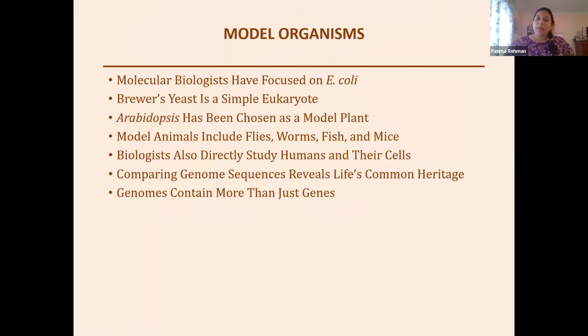So the last thing we're going to be talking about is model organisms. As molecular and cellular biologists, we can't look at humans all the time for research purposes, because it is very hard to get humans to do what you want to do in a controlled manner. One, it's unethical in many cases to do the things that we would need to do in order to get the answers we want for our questions.